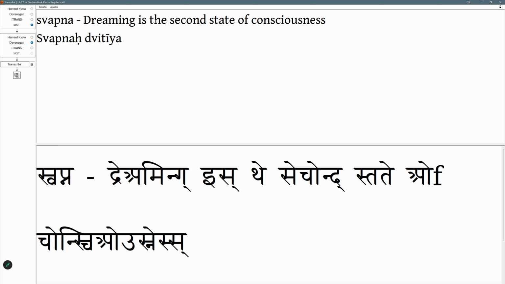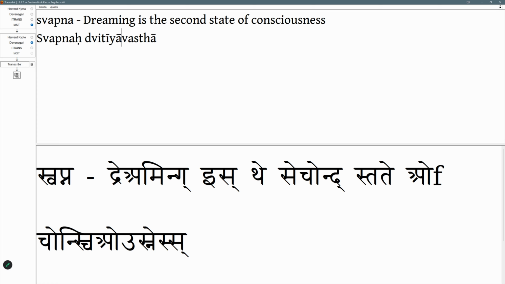I can put all separated, dvitiya, and next avastha feminine, avastha state. Avastha state, so dvitiya feminine too. Dvitiya avastha. But what's the point of doing all this? Yes, I put all in a compound and that's it. Dvitiya avastha and that's it. ¿Para qué separarlos y poner los géneros separados? Lo meto todo en un compuesto y listo, ya está.